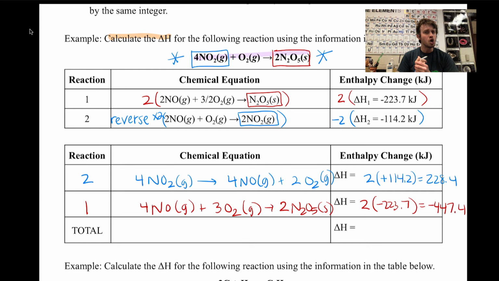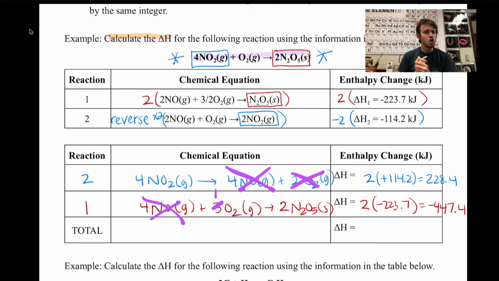If I'm looking at this here, I see that on both sides of the arrow, I have 4 moles of NO gas, so they cancel each other out. I also see that oxygen does that. There's 2 here and there's 3 here, so I'm going to cancel out 2 of them, leaving 1 O2.